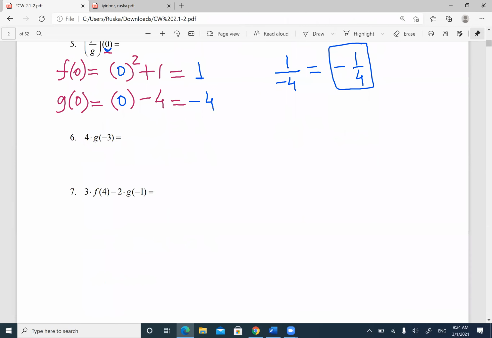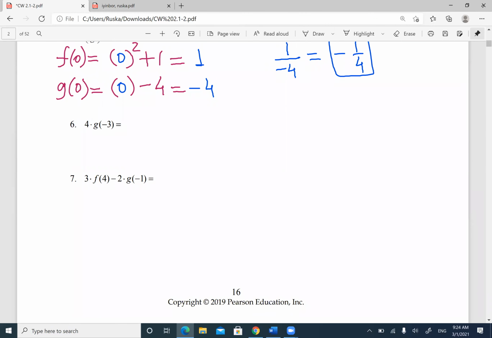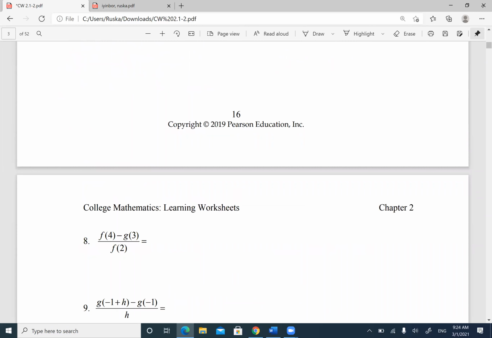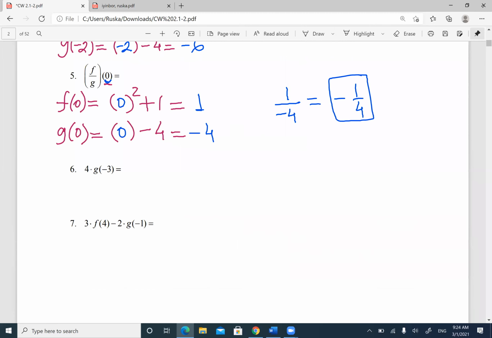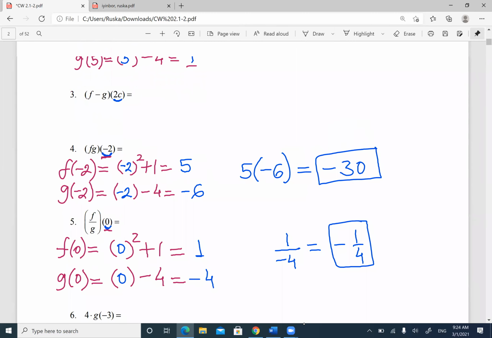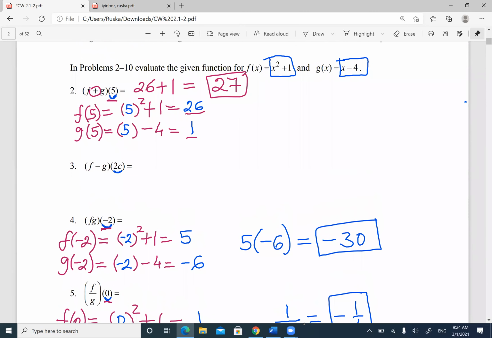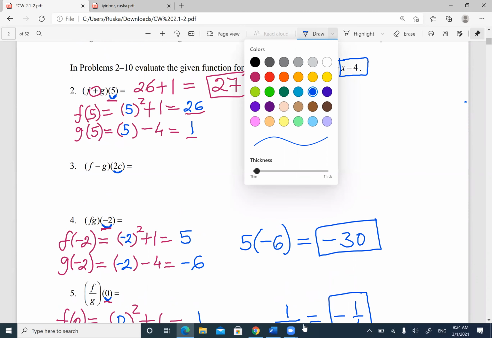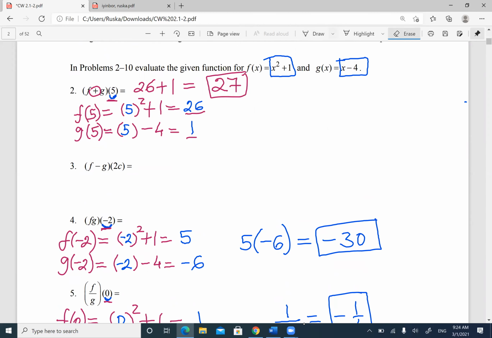Now, here we have also plugged in numbers for this. So let me go ahead and show you how to do number 3, where you have to plug in 2c. So for this one, because it's f minus g of 2c, I'm going to show a little different way, because it's not just a number, it's a number with a letter, 2c.